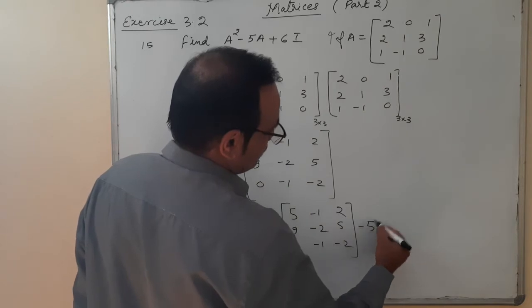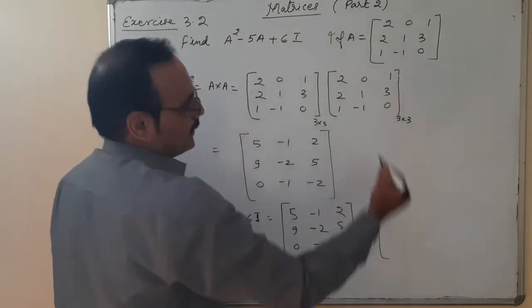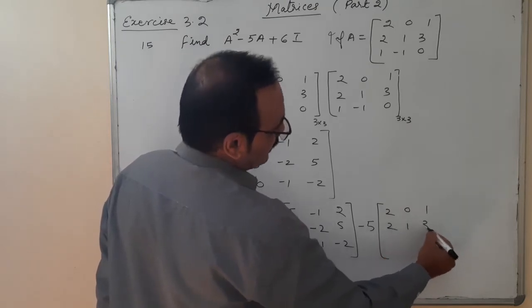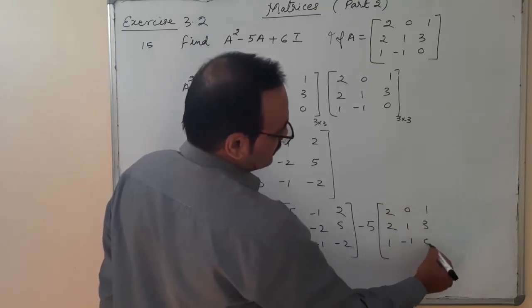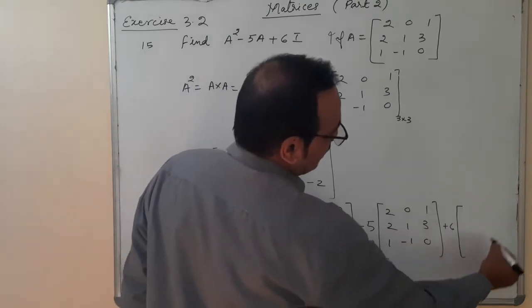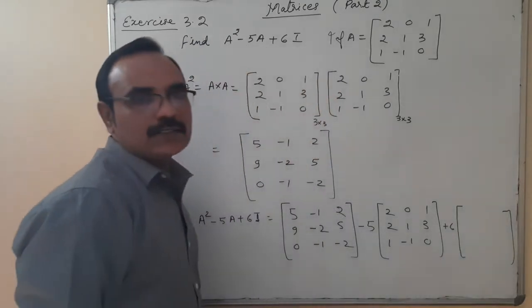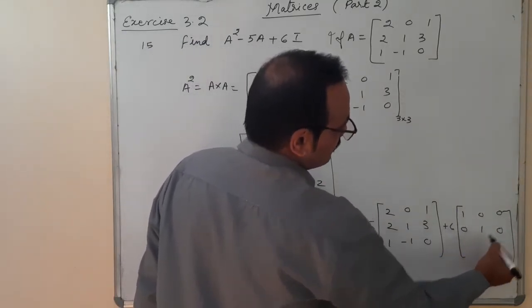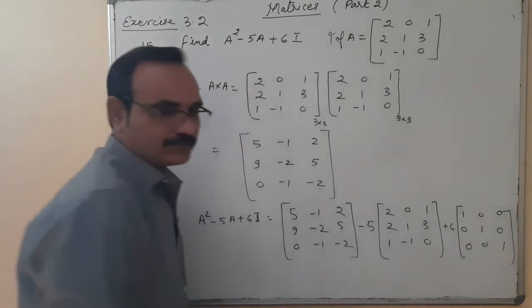Minus 5A, where the value of A is 2 0 1, 2 1 3, 1 minus 1 0, plus 6I. I is the unit matrix, identity matrix of 3 cross 3: 1 0 0, 0 1 0, and 0 0 1. Okay.